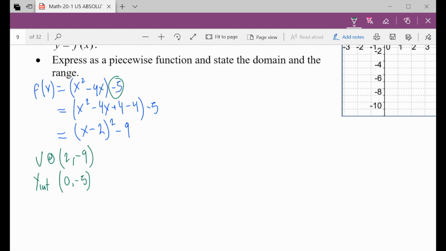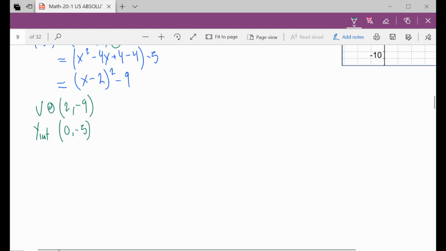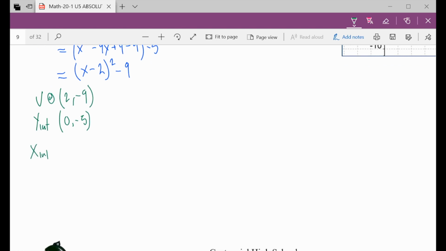And finally, the x-intercepts. Well, to get the x-intercepts, what we're going to have to do is go back to the x² − 4x − 5 version and see if we can factor it. And if not, then we're going to have to do some quadratic formula magic on it or something. So to find the x-intercepts, take x² − 4x − 5, make y equal 0, right?